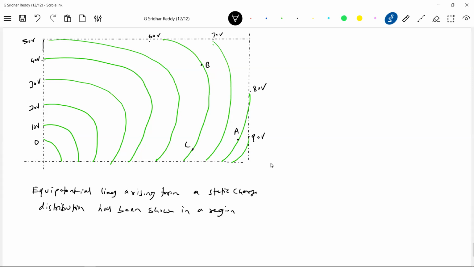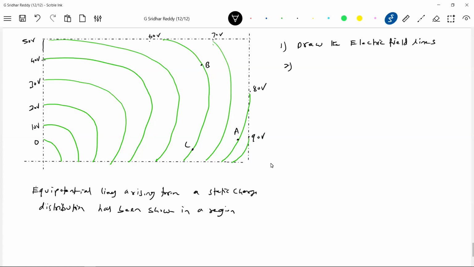So I'll dictate the question. First one, draw the electric field lines. Roughly, it's asking to predict the lines of force.